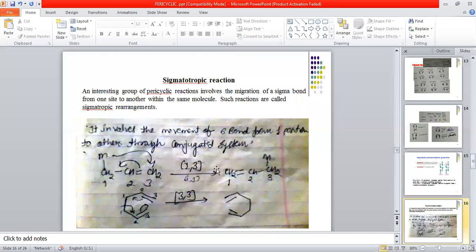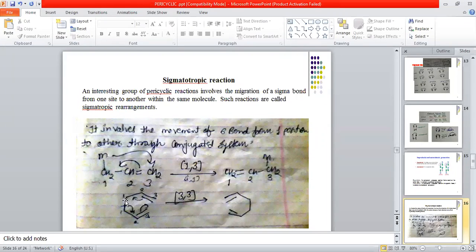There are several types: 1,3, 3,3, 1,5, 1,7 like this. So in the 1,3 type the group will be transferred from 1 to 3. Now what is a 3,3 sigmatropic reaction? Here you can see one structure. In that particular structure, you again have to transfer the pi electrons.